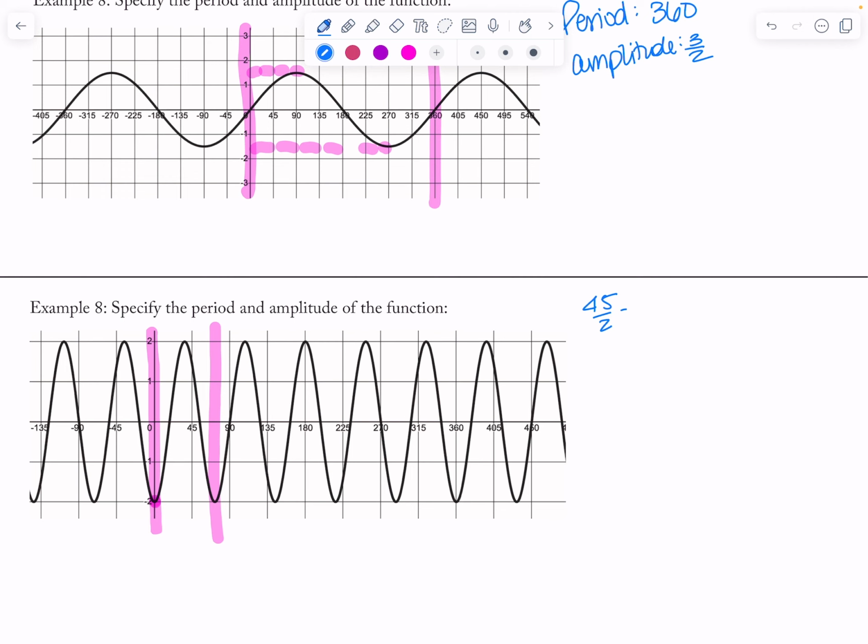And then that's plus 45. So 90 and 45 is 135. So your period is 135 over 2, because it's 45 plus 45 over 2 is that distance here. And then your amplitude is 2.